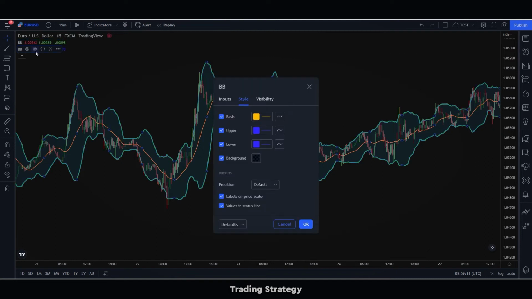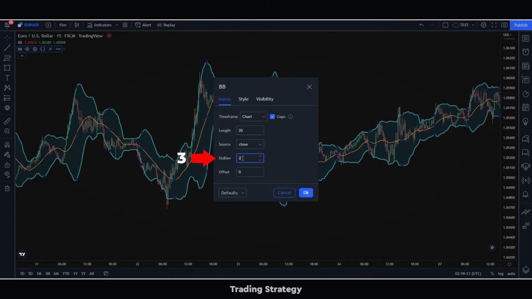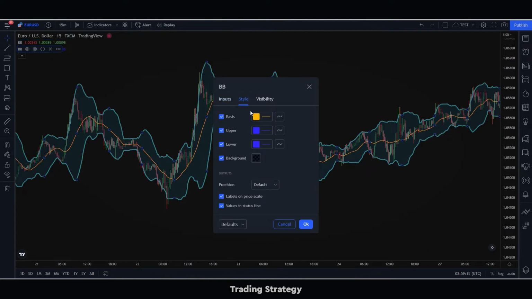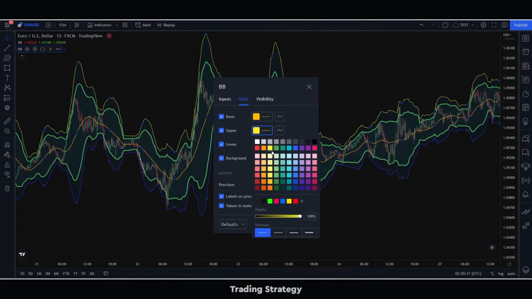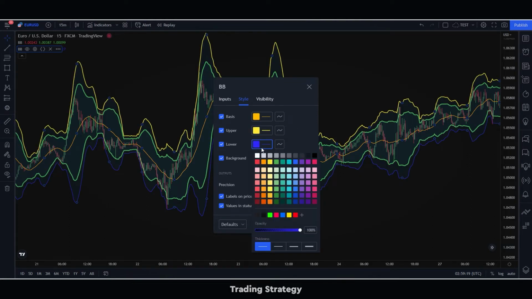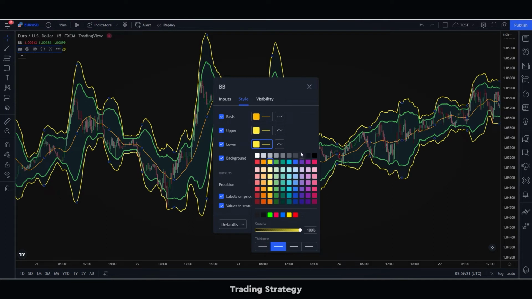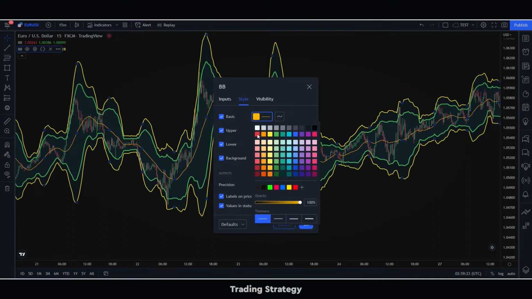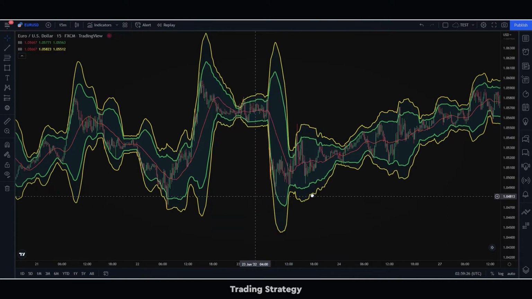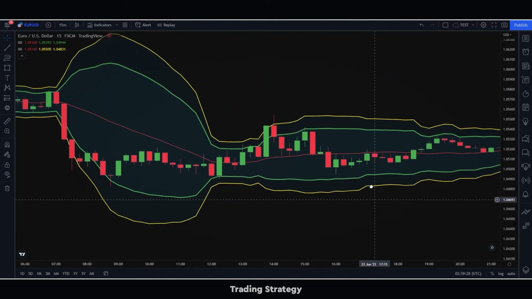The second, we will configure it with a deviation of 3, and we will put the color of the bands in yellow and the moving average in red. With all that set up, let's move on to explaining the market entry rules.